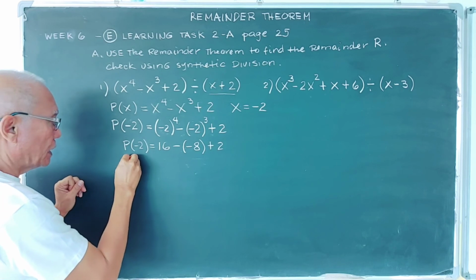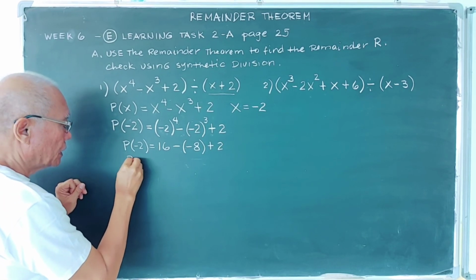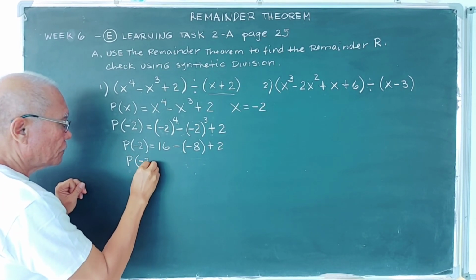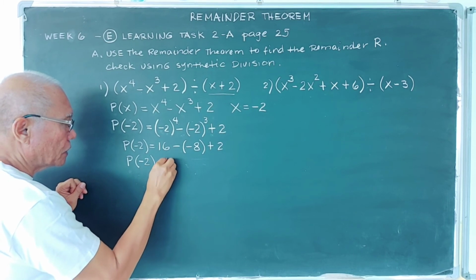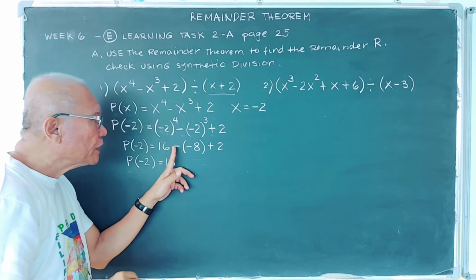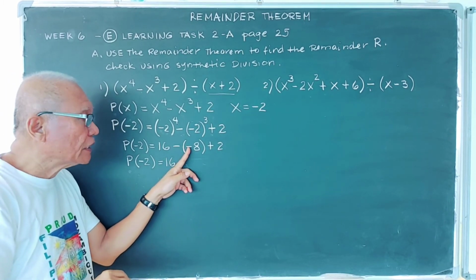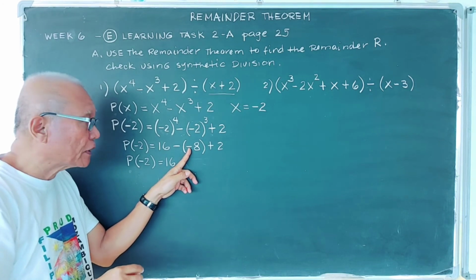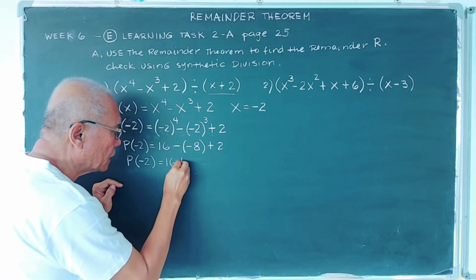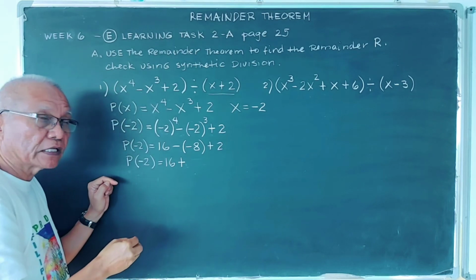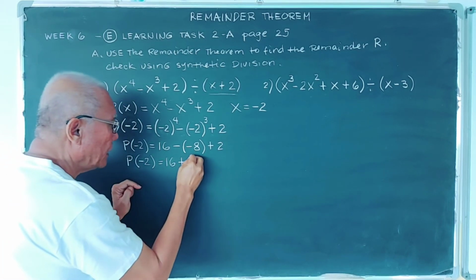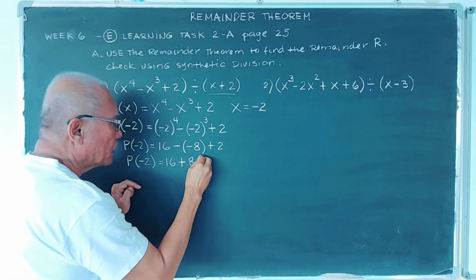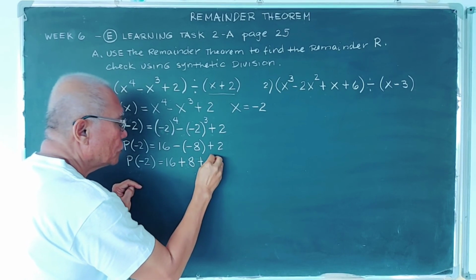And then, last, P of negative 2 is equal to 16. Yung negative times negative, like signs in multiplication, ay magiging positive. Dahil yung final sign niya. And then yung 8. And then yung 2.